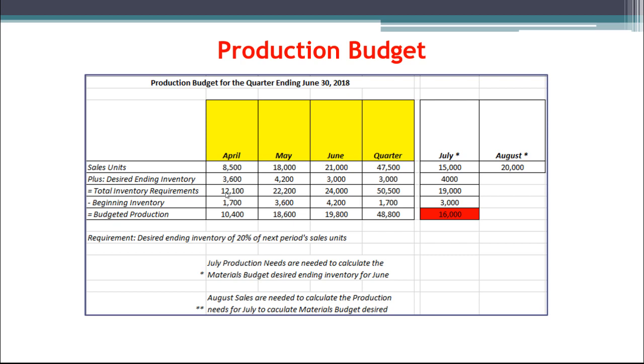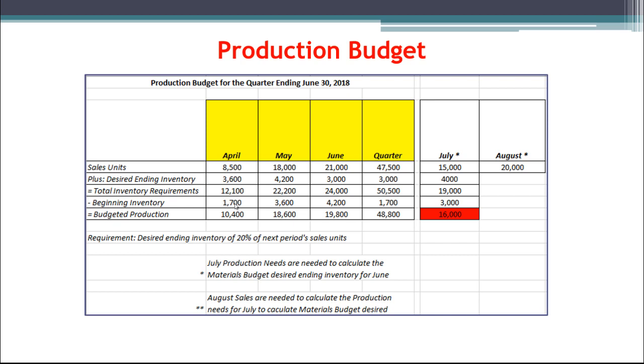But we don't necessarily need to produce 12,100 units because we already started the period with 1,700 units from last month. Now, by the way, we don't see March here. If we did see March, then March should have a desired ending inventory of 1,700, which carries forward to become April's beginning inventory of 1,700.